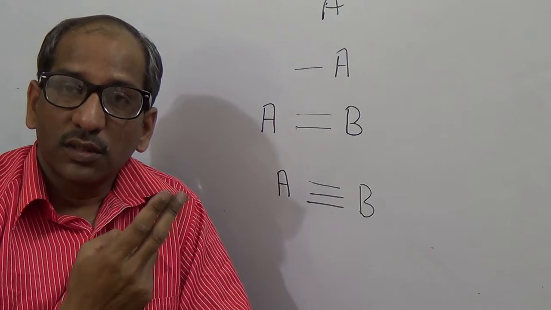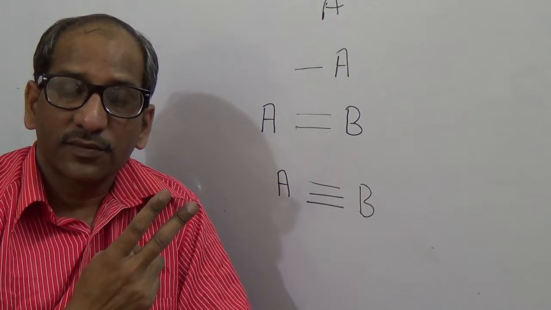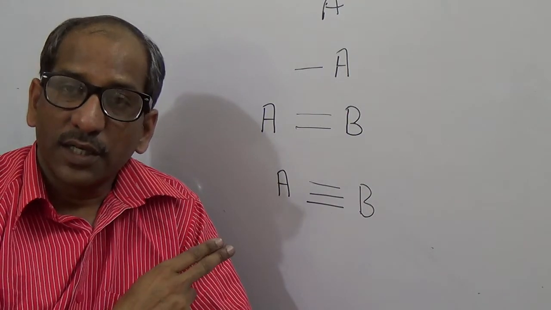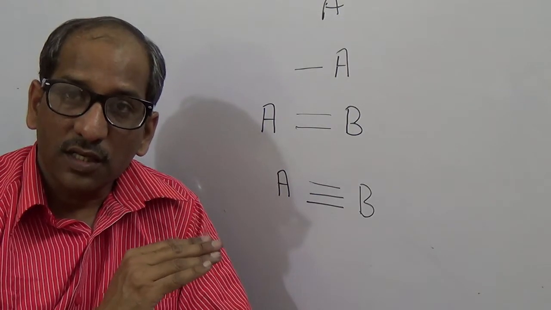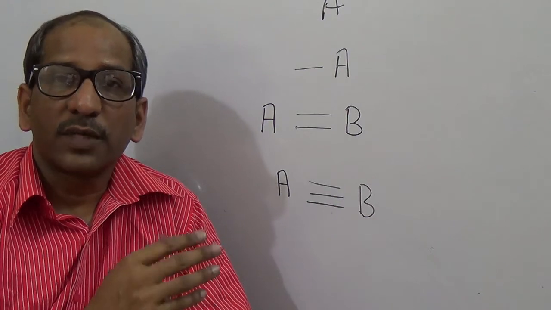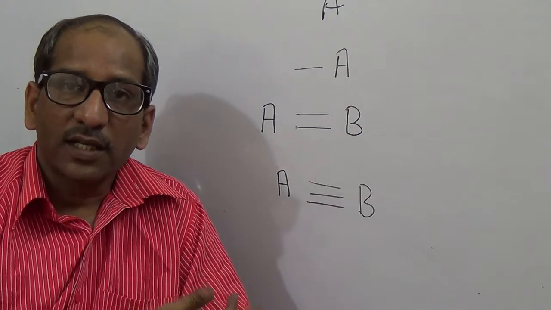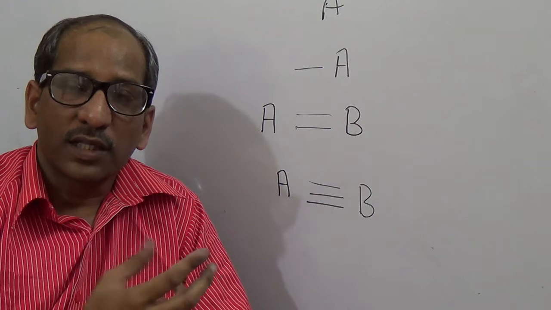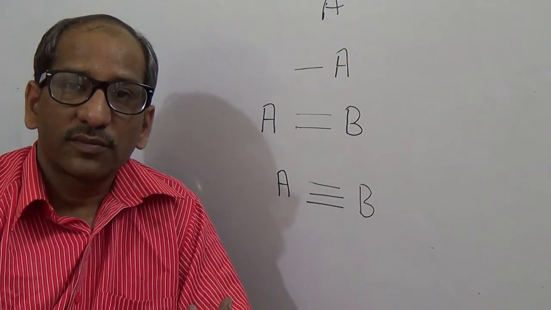So this is the importance of these two parallel lines. These are different, but because of these two lines, they are equal. Two different physical quantities, two different objects may be equal. If I say that A is a cow and B is a peacock, that means a peacock is equal to the cow.